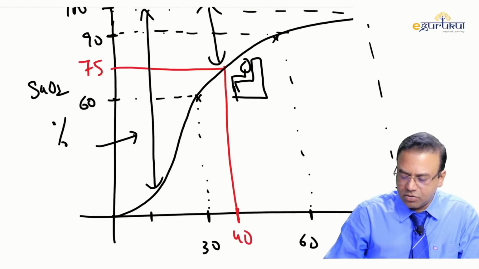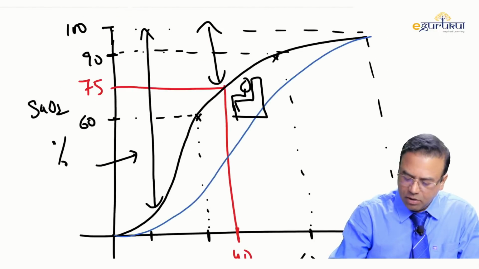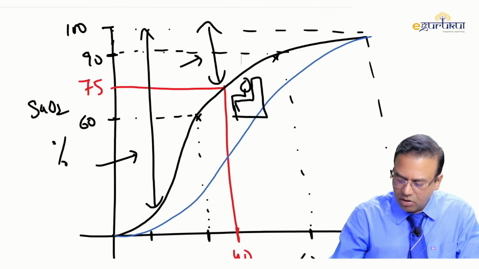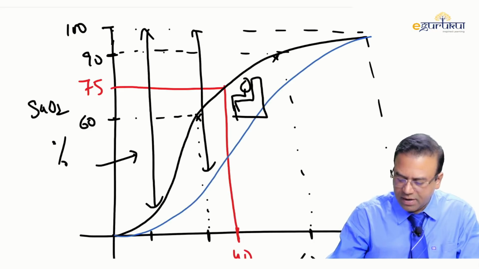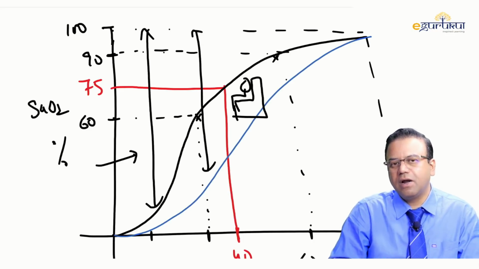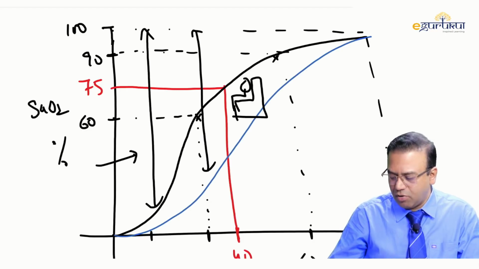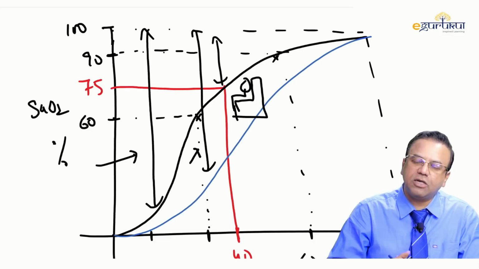And as the oxygen dissociation graph shifts towards the right, you notice then that even at a PO2 of 40, the oxygen that is being released is not 25% anymore. The oxygen that is being released now is close to around 60 or 70 or more than that. So you can realize the advantage of a right shift, that as it shifts towards the right, even at a PO2 of 40, for example, it's no more 25% oxygen release, much more oxygen is being released, and that is the advantage of a right shift.